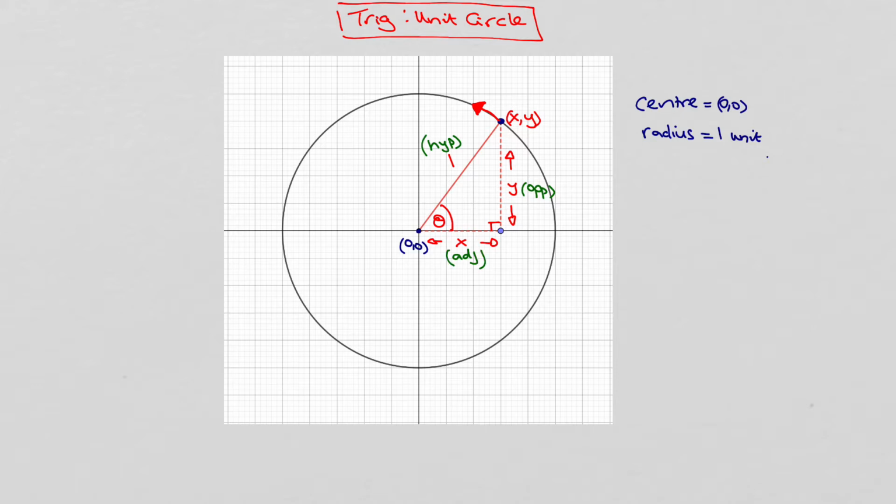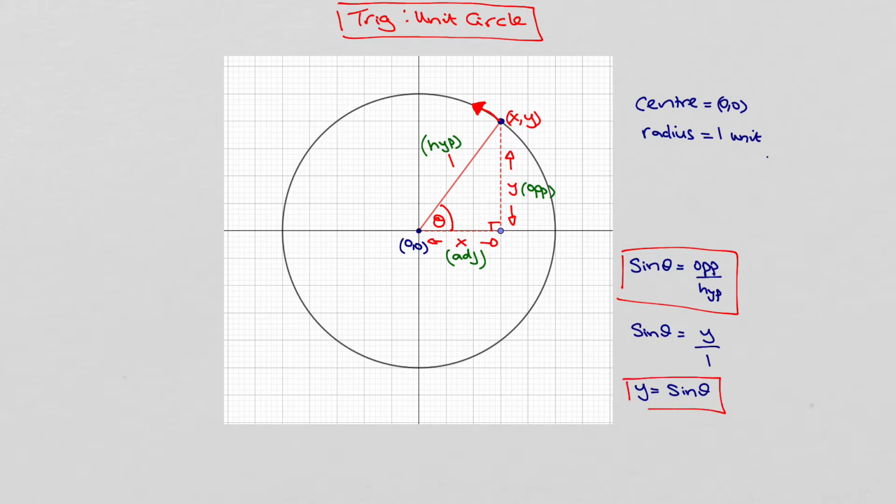So what I can actually say is that I know sine theta is the opposite over the hypotenuse. And therefore from this right angle triangle, that means that sine theta is the opposite side, which is y, over the hypotenuse, which is 1. In other words, my y coordinate will always represent sine theta.